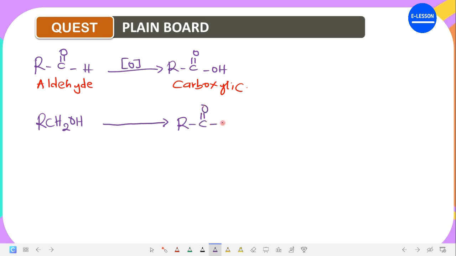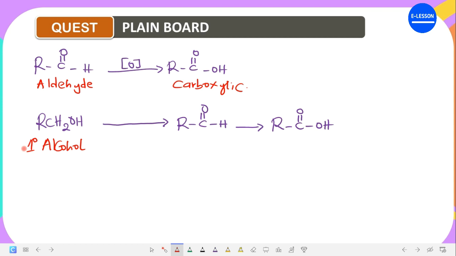So when this is oxidized also, first of all, this primary alcohol will become an aldehyde. And of course, if the oxidizing agent is a very harsh one, if the process is not controlled, this aldehyde will simultaneously change to form a carboxylic acid. So you see the series of reactions that it goes through from a primary alcohol. Primary alcohol is a 1 degree alcohol.